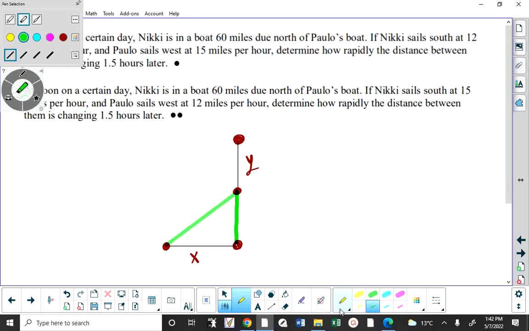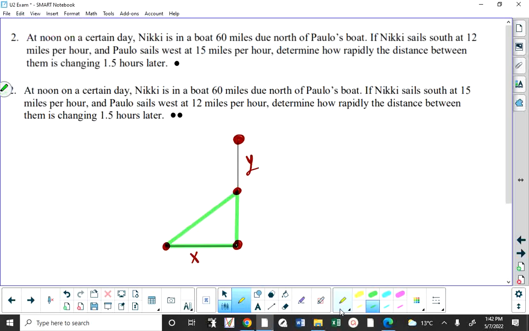It also shows this distance that Paulo sails. You want to be very careful here. If this total distance to begin with was 60 miles, then this little leg of the triangle is 60 minus y. And traditionally we call the distance between the two ships at a later point in time z.